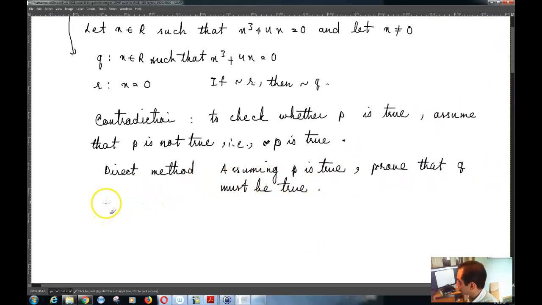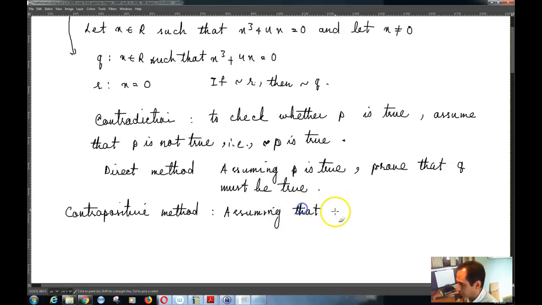Now, by the contrapositive method, what we did was that by assuming that Q is false, we then prove that P must be false.